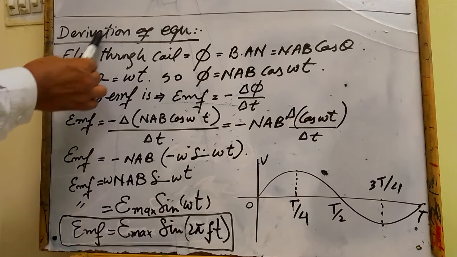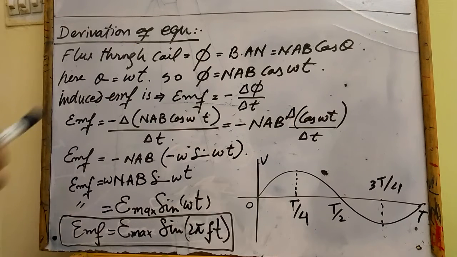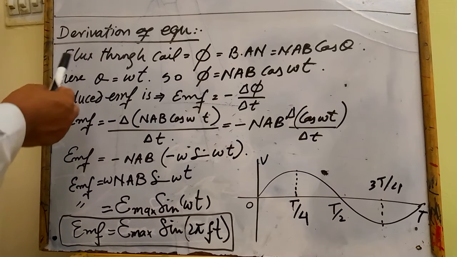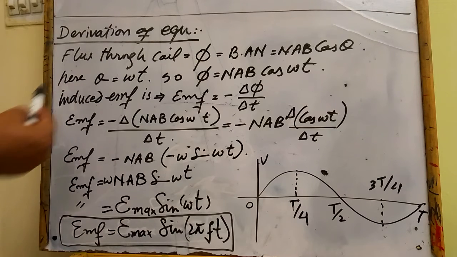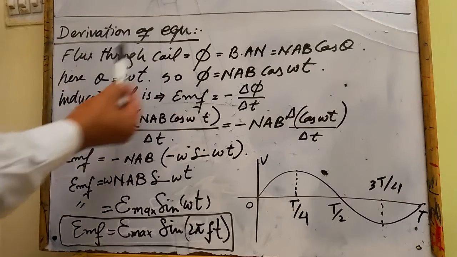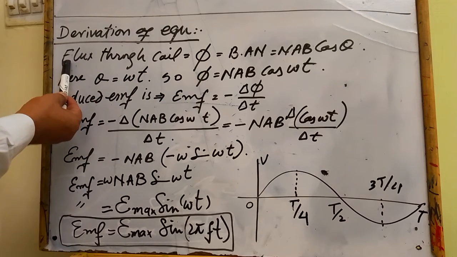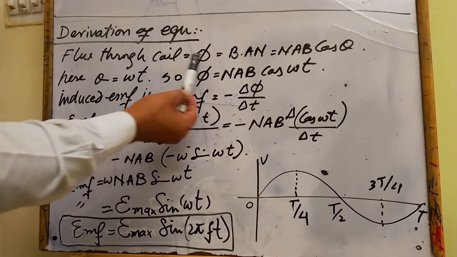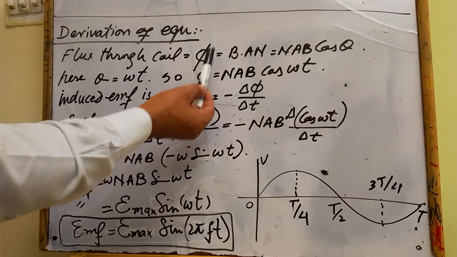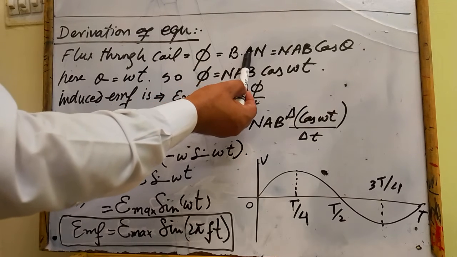For the derivation of the equation for the AC generator, first of all, we should recall the previous concept of the magnetic flux through the coil. Magnetic flux through the coil is denoted by phi, which is equal to B dot AN.